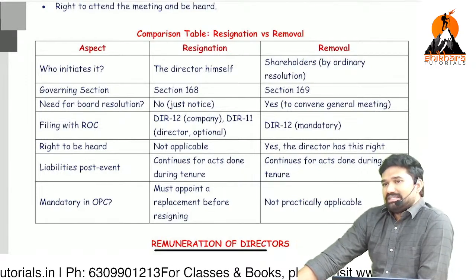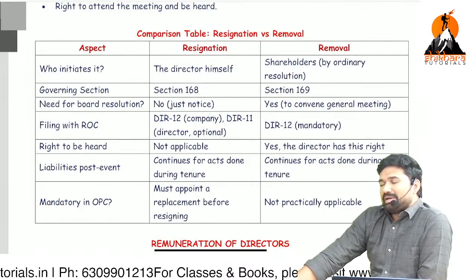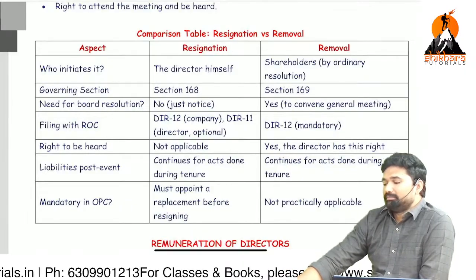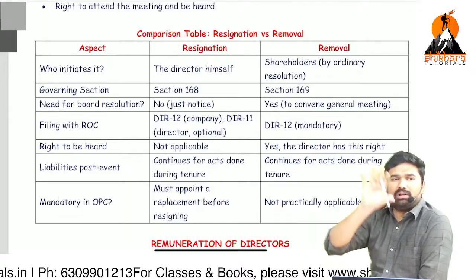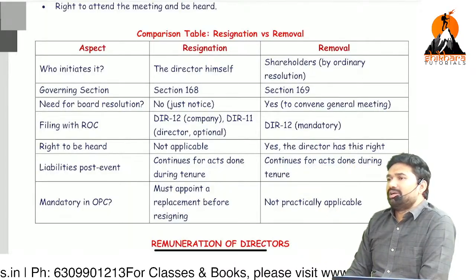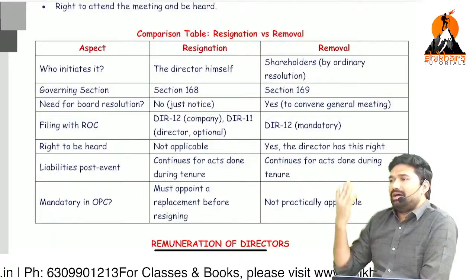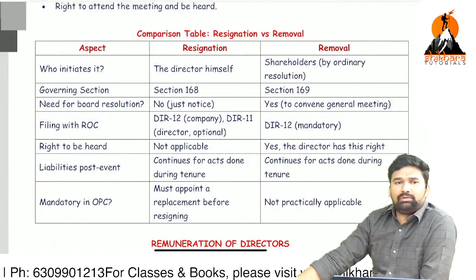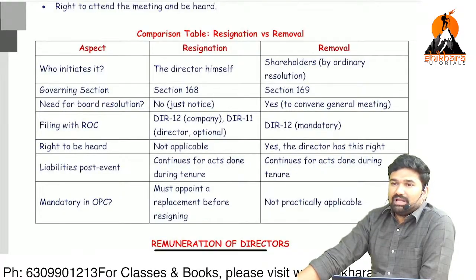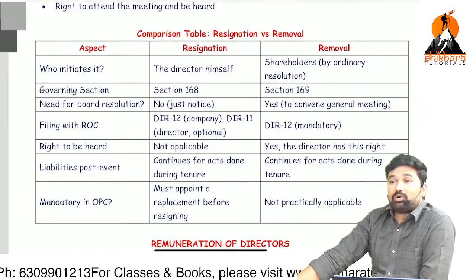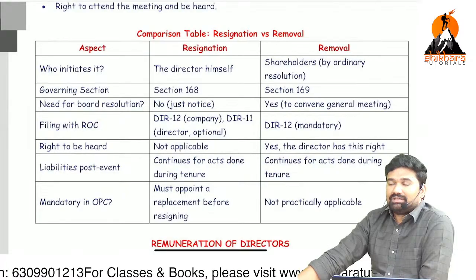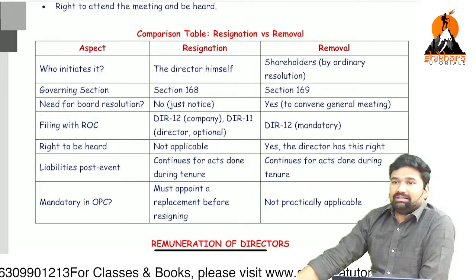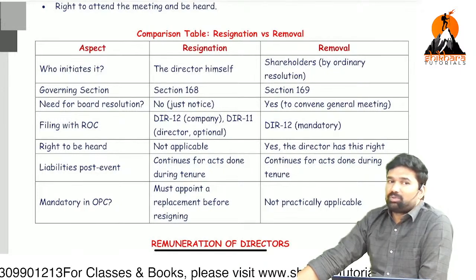Why? Because, say for example, you are retiring from a private company, and you have already studied all the rules and regulations, and you came to know that DIR 11 is optional for me. Why should I file DIR 11? You relax. The company also forgot to file DIR 12, or the company intentionally didn't file DIR 12.